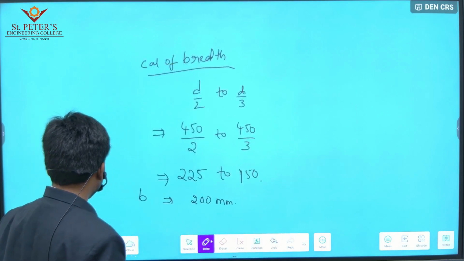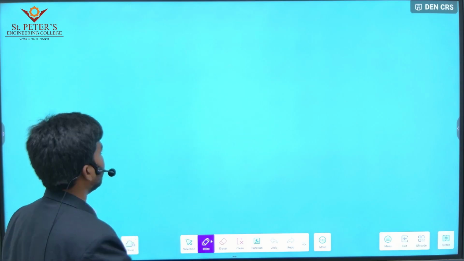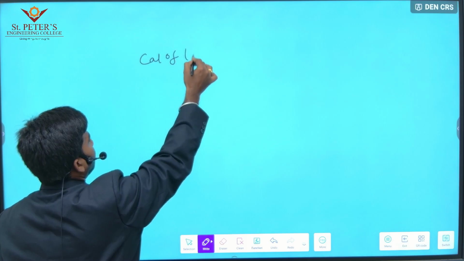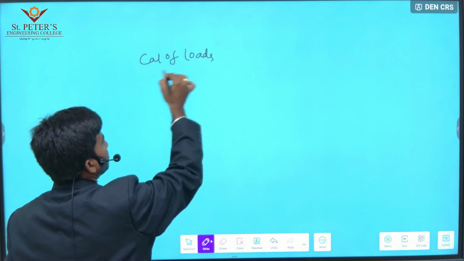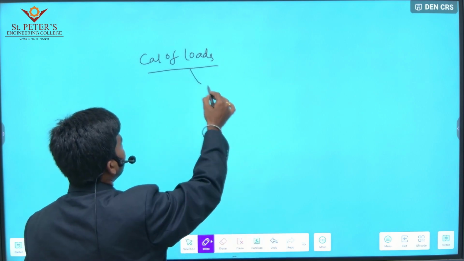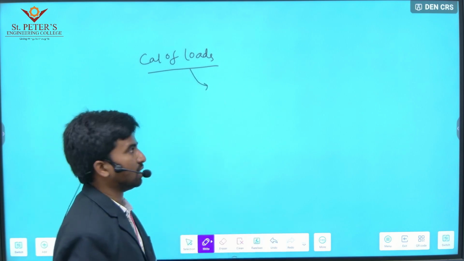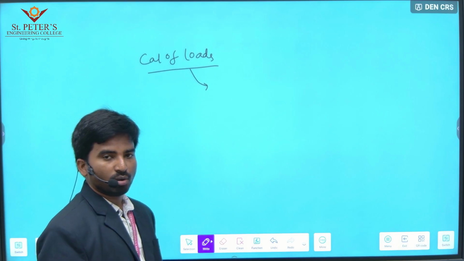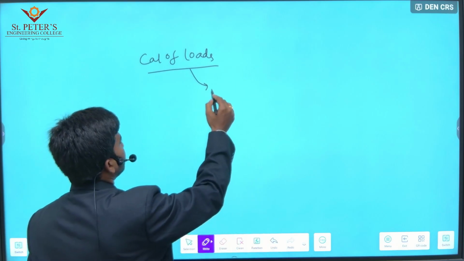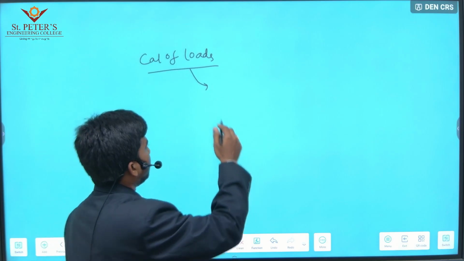Next step is calculation of loads. This is the major part in civil engineering. Coming to loads, there are many types of loads: concentrated load, uniformly distributed load and uniformly varying load. Those are the applications of the loads.